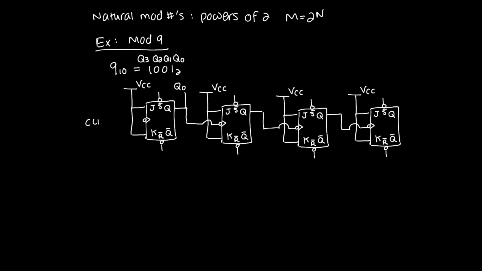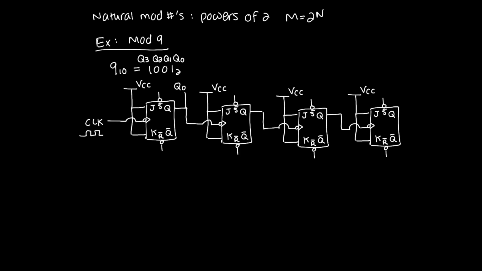So the system clock, which is basically just a 50% duty cycle square wave, has to go into the flip-flop that's Q0. The frequency of Q0 is going to be half the clock frequency, and at every stage the frequency is going to be halved.